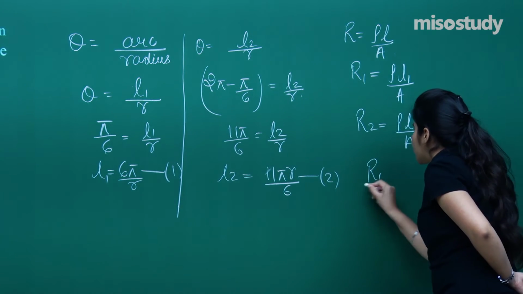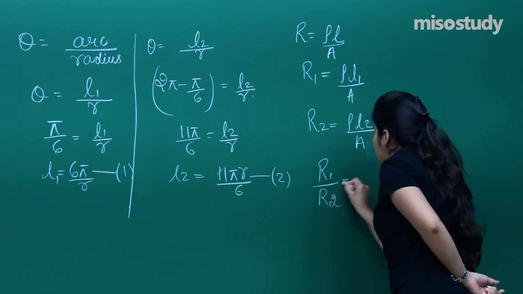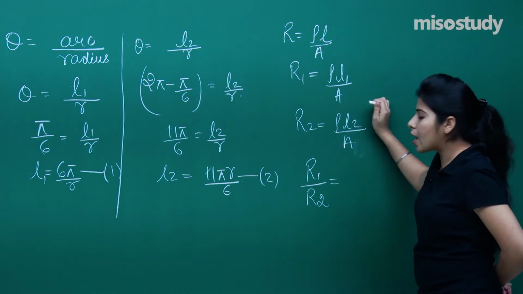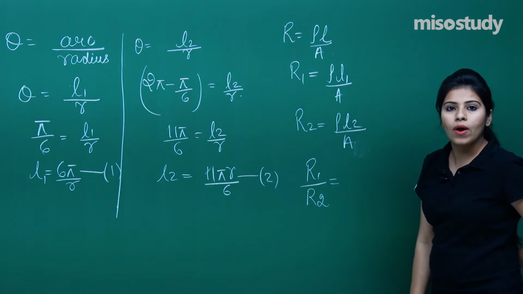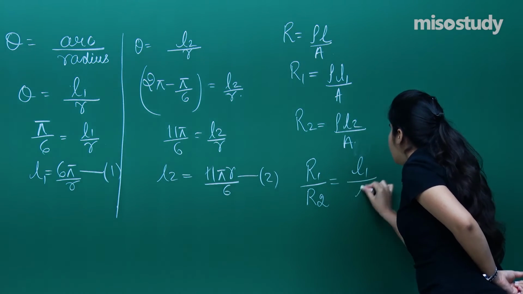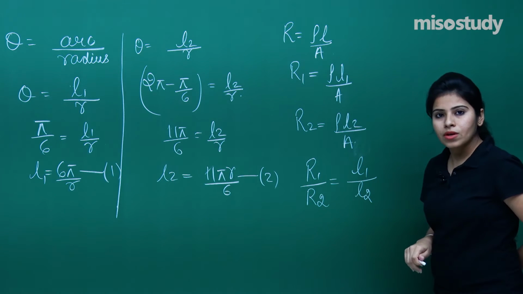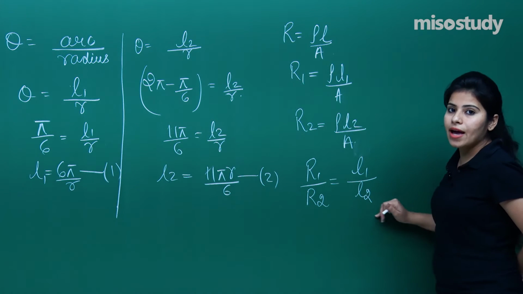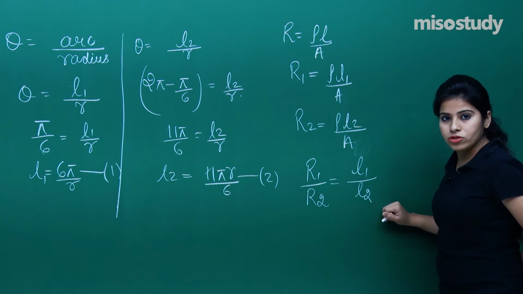From here you can see R1 upon R2 will be rho L1 upon A multiplied by A upon rho L2. So definitely you will be getting L1 upon L2, right? So this is your relation between resistance and the length of the portions.